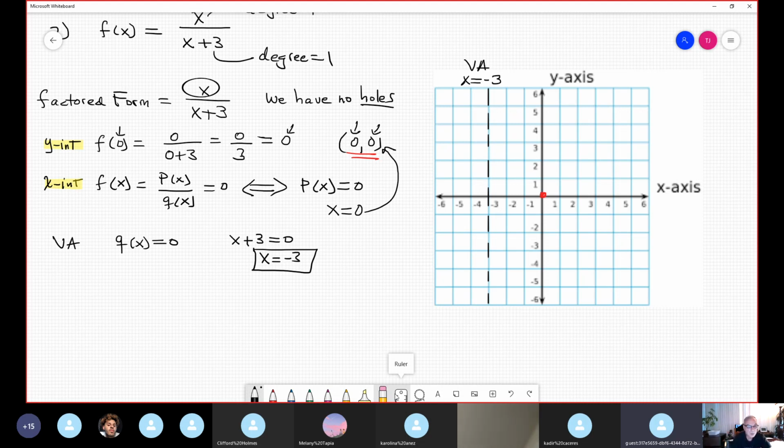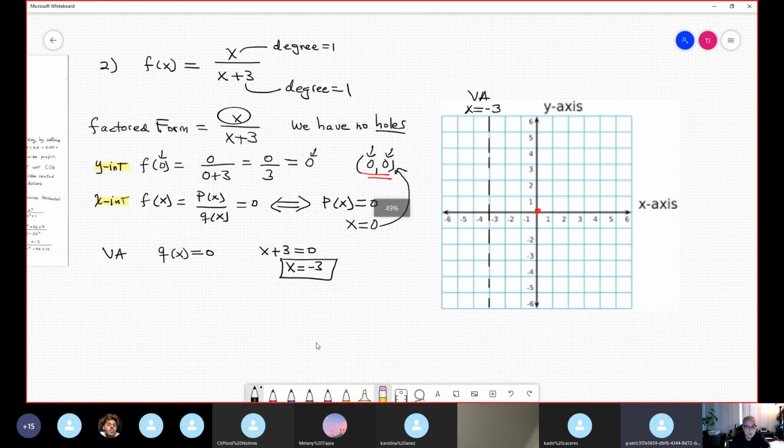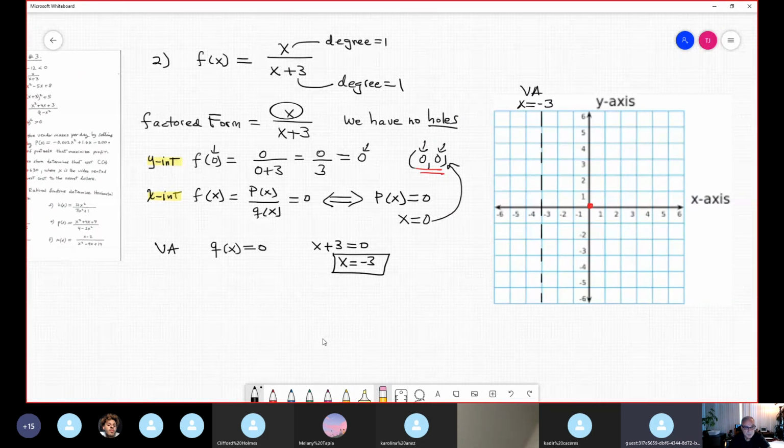Okay, super. What's the next step? The next step is to determine if we have a horizontal or slant asymptote. And remember, to understand horizontal or slant, you analyze the degree. Actually, I did that. Degree 1, degree 1.